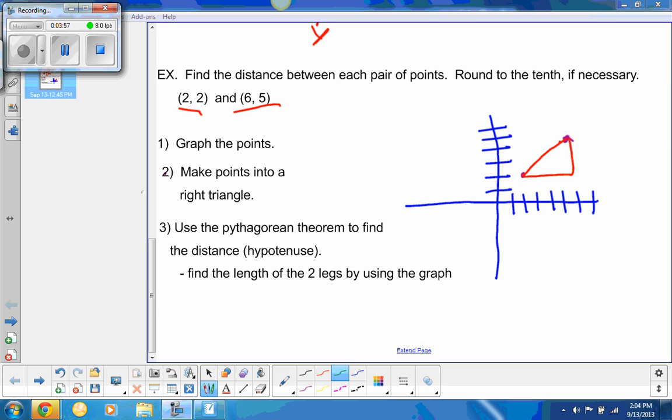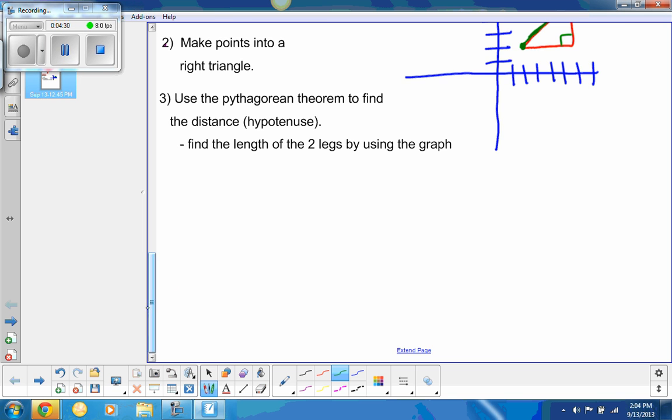All right, so now that we have a right triangle, it says step 3, use the Pythagorean theorem to find the distance, which will be the hypotenuse, because from this point right here to this point right here, that is the longest side of this triangle. You can see here that the right angle is right here, so we know that across there is the hypotenuse. So it's C that we're looking for.